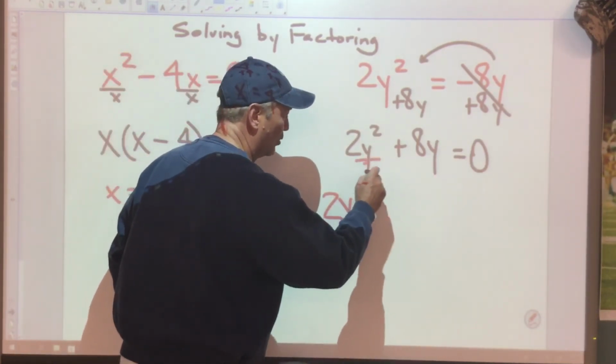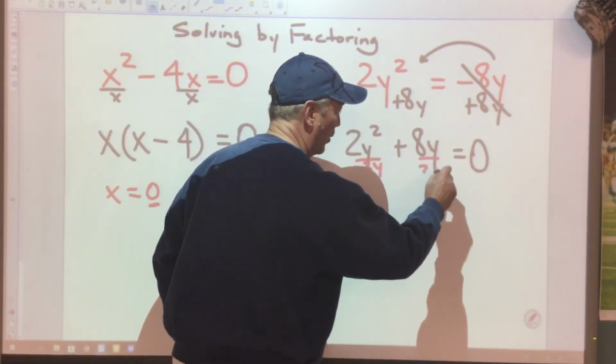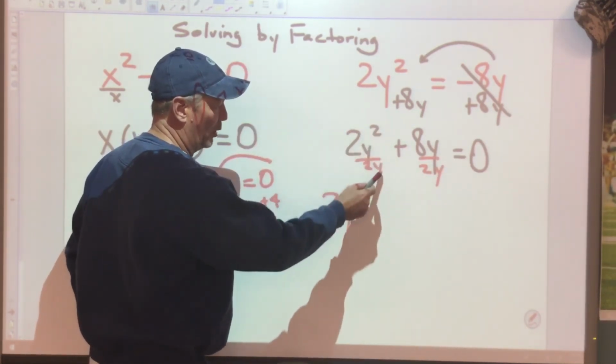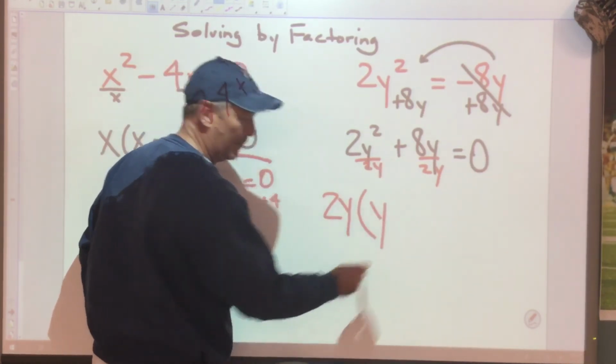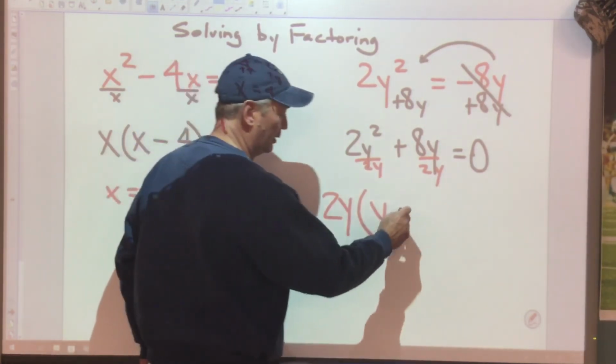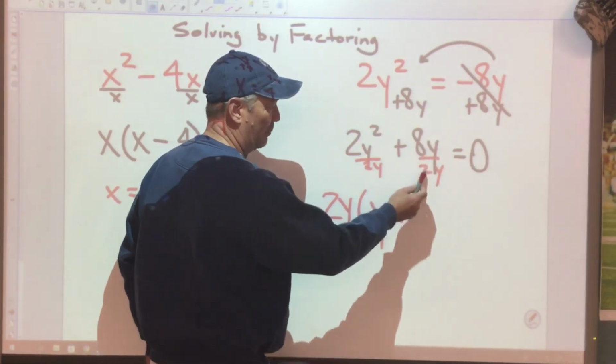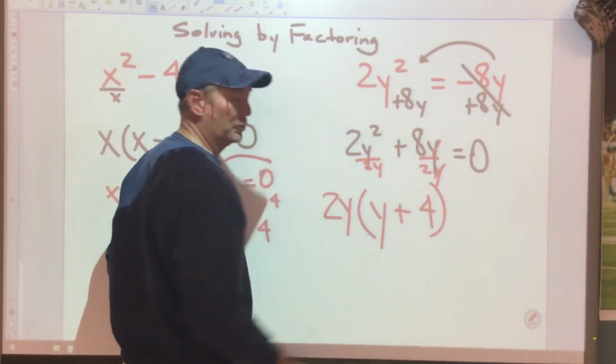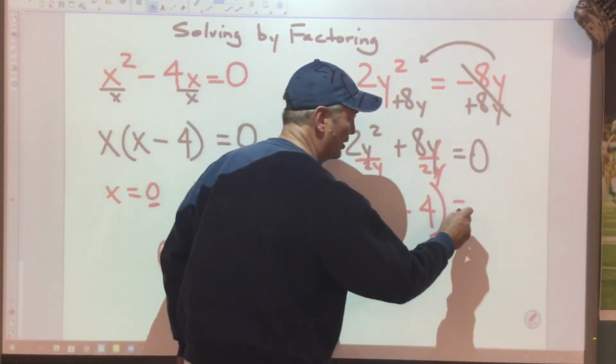I would divide by 2y. I would divide by 2y. This would reduce. The 2's would cancel, and the y squared over y would reduce to a y. Plus 8 divided by 2 is 4. The y's would cancel, so I could close my parentheses, and equals 0.